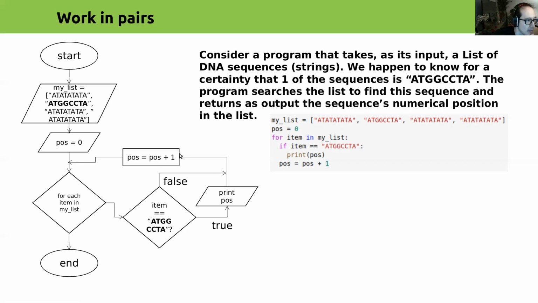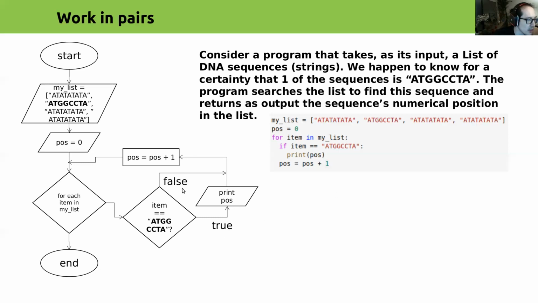So maybe the first time you make this diagram, maybe you would put a big question here, but we know that we have to do something basically to figure out where in the list is our item. So that could be version 1 of this diagram.